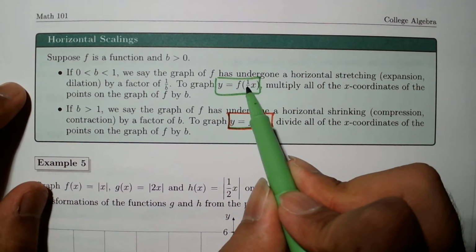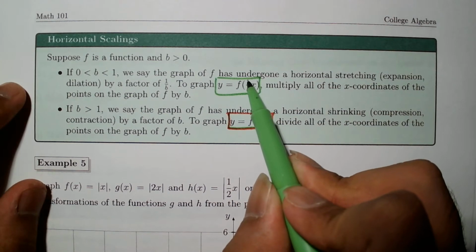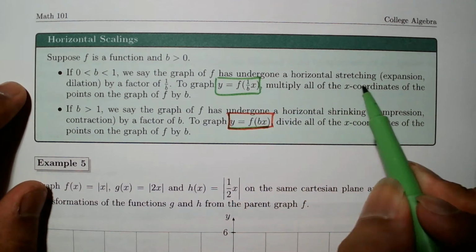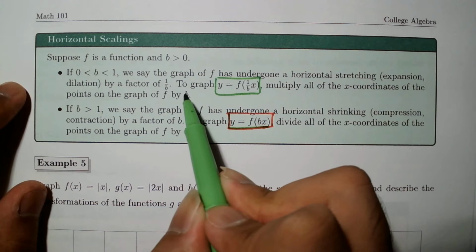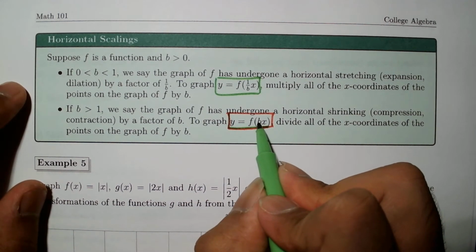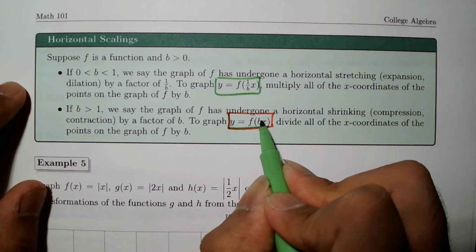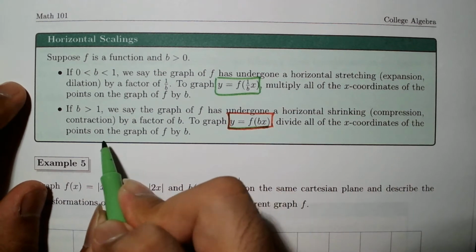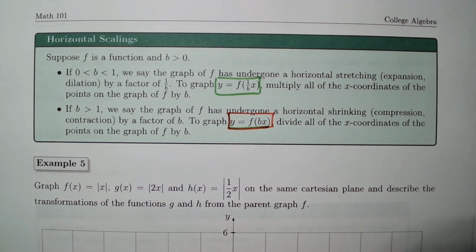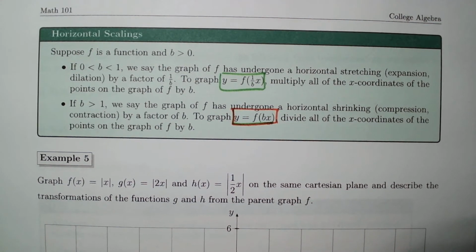So when we have a fraction, we multiply by b. Otherwise, if we multiply by a number greater than 1, we divide by b as opposed to the previous case. So this time I'm going to take a different function.